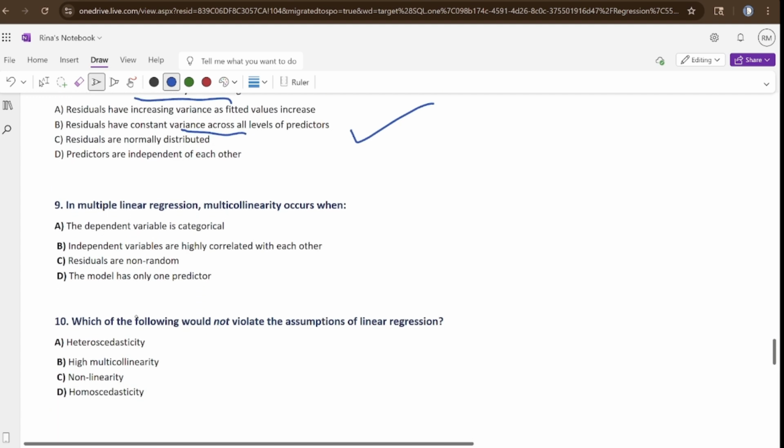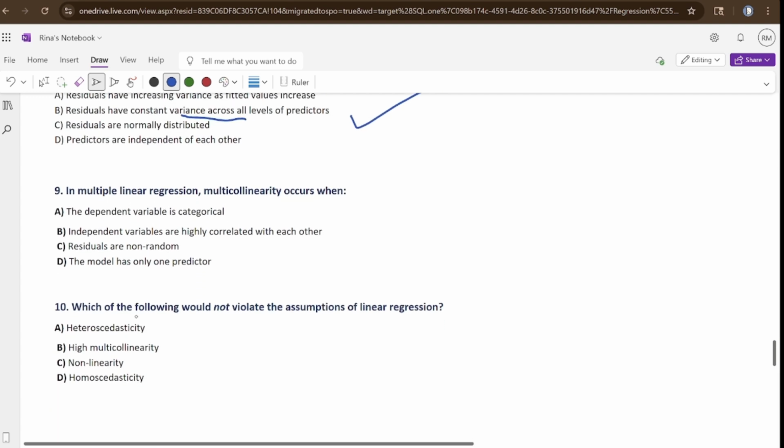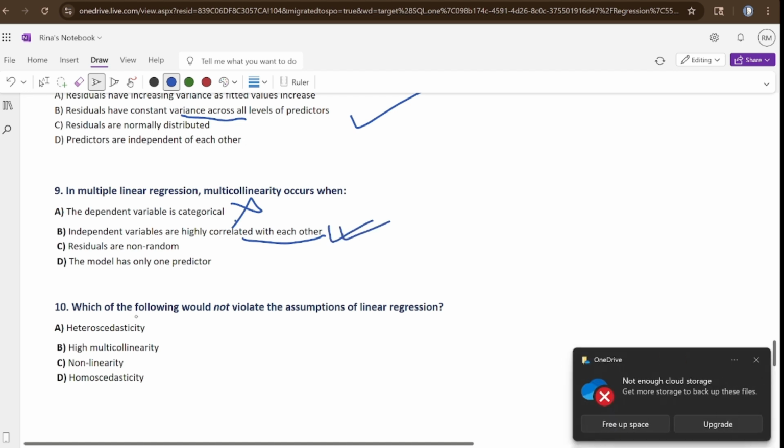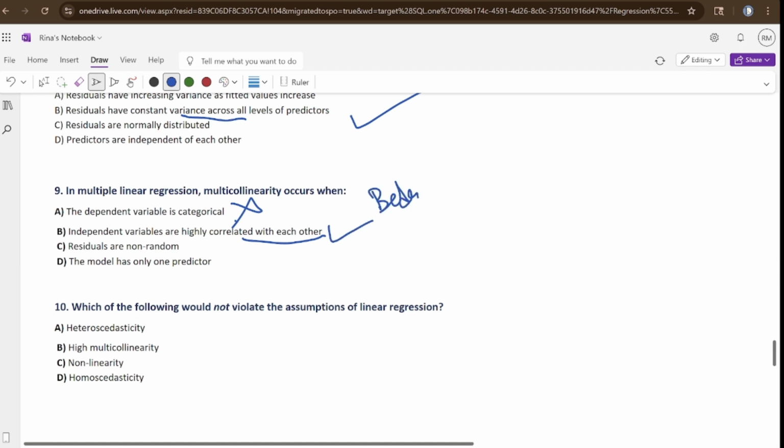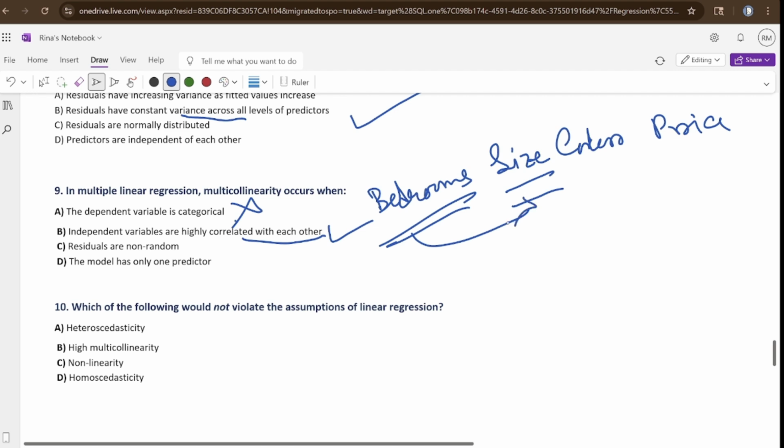Next question. In multiple linear regression, multicollinearity occurs when the dependent variable is categorical? Nothing like that. It occurs when independent variables are highly correlated with each other. Exactly. See, let's say there are variables bedrooms, size, color, price. Now bedrooms and size are dependent on each other.